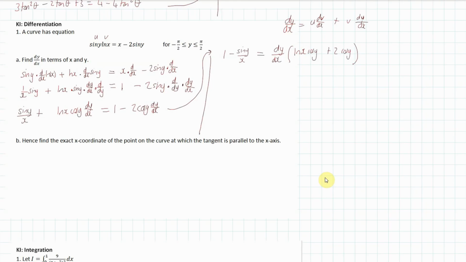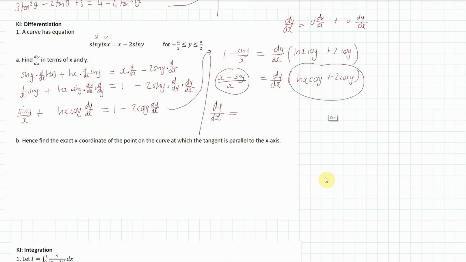So on the left hand side I might write it as x minus sine y over x. It's a simpler way of writing it for my next step. Equals dy dx, and then I've got this ln x cos y plus 2 cos y. Now I can divide both sides to get dy dx. So dy dx should be equal to this left hand side divided by this right hand side.